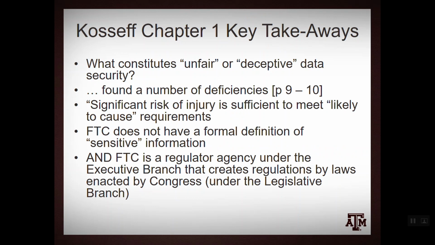The same thing. So we have these 3 branches, and we tend to think of the laws coming out of the legislative. But in fact, our other 2 branches, the executive, headed by the president, and the courts, also make law. If we talk about the executive, all of these agencies we're talking about, the FTC, all these federal agencies come under the executive branch. That's why the president appoints the heads of these agencies.